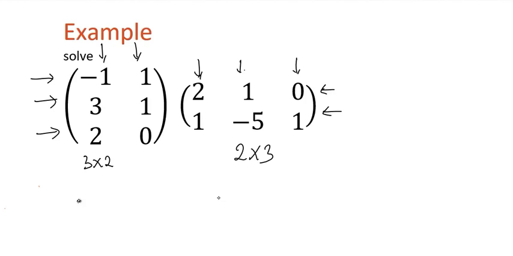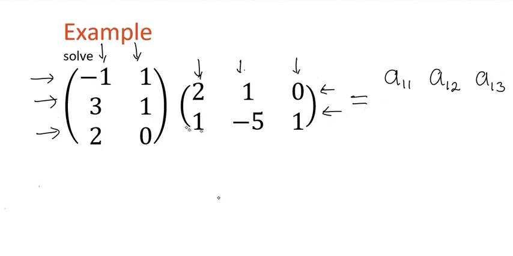Now coming to this, how do we go about it? Okay, for this, the first row will multiply the first column. We have this. The first row again will multiply the second column. We have this. And the first row again will multiply the third column. Now the second row, we take the second row, multiply the first column.